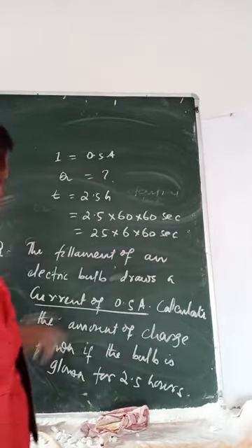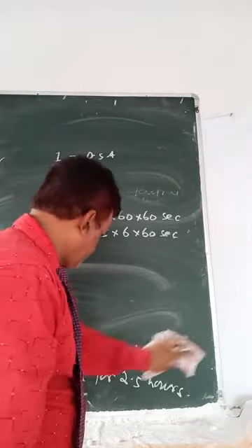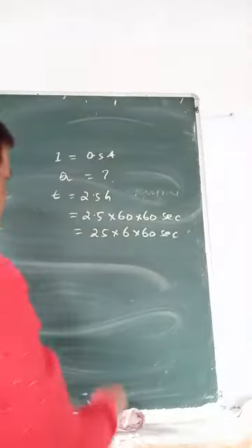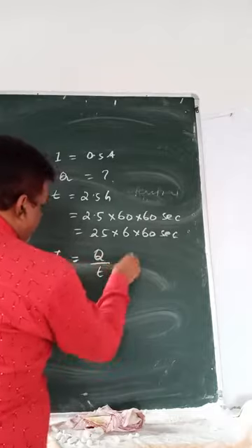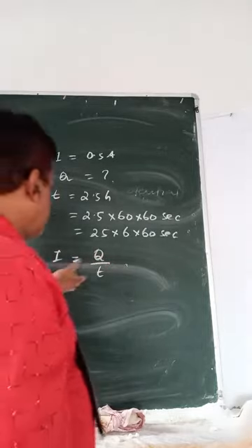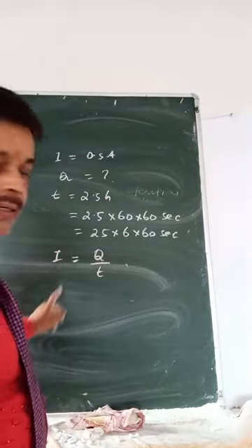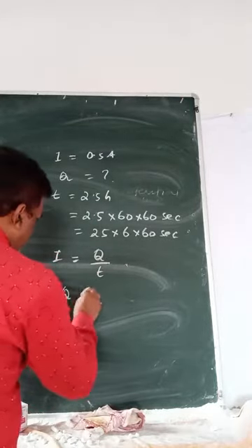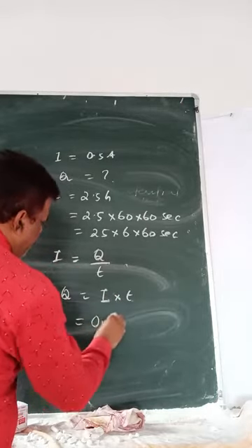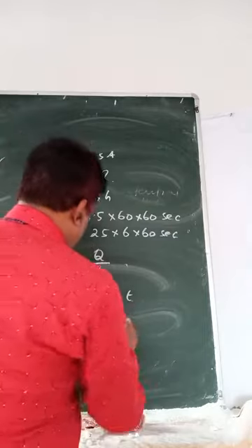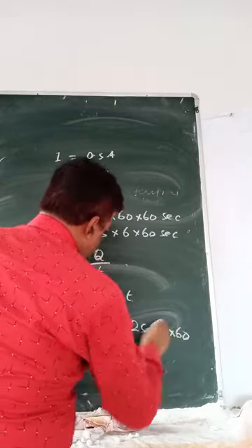Okay, now let's write down the formula. What is the formula of current? The formula of current is I equals Q by T. What do you want to find out? Q. That means T will go to the other side, so Q equals I into T. That means 0.5, then 25, then 6 into 60.